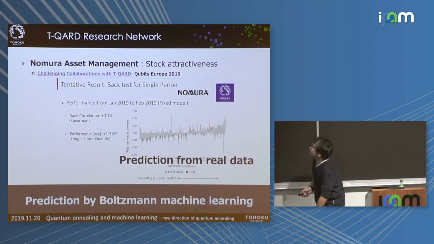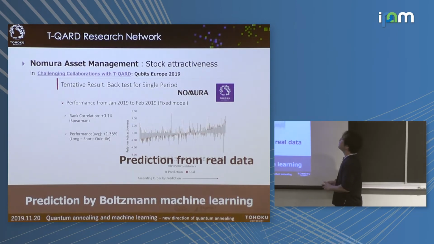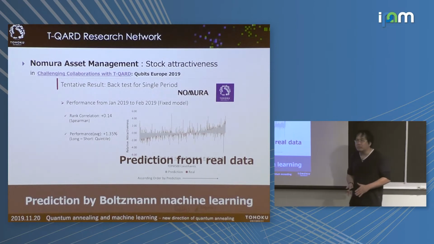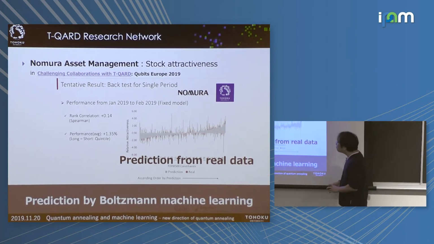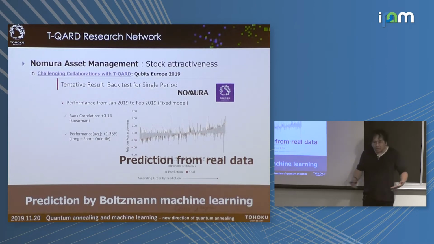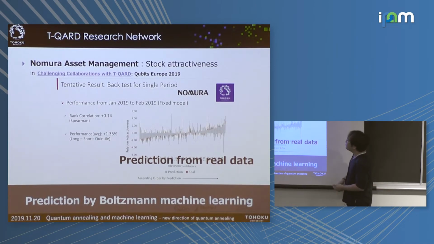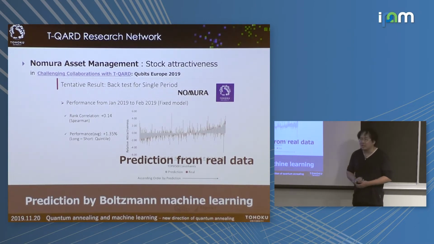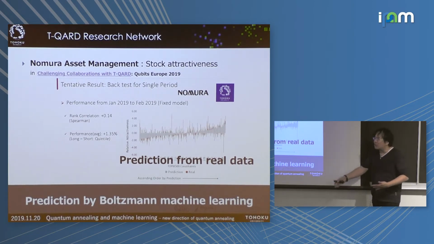The first is normal asset management by predicting the stock attractiveness by use of Boltzmann machine learning. They have a lot of stock data, and then they learn from the data by use of Boltzmann machine learning. Because the D-Wave 2000Q generates samplings of spin variables quickly, this is an accelerator of the Boltzmann machine learning.